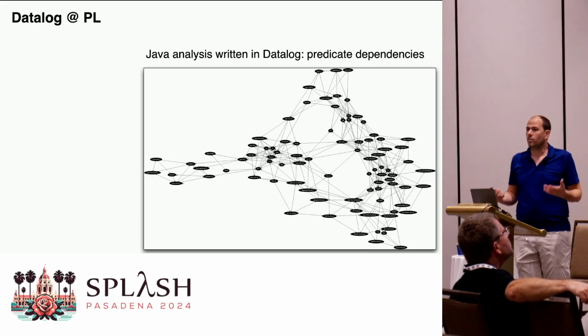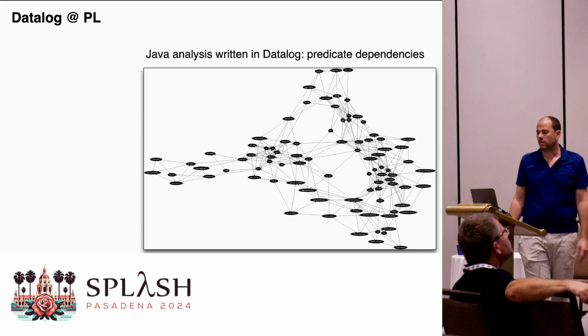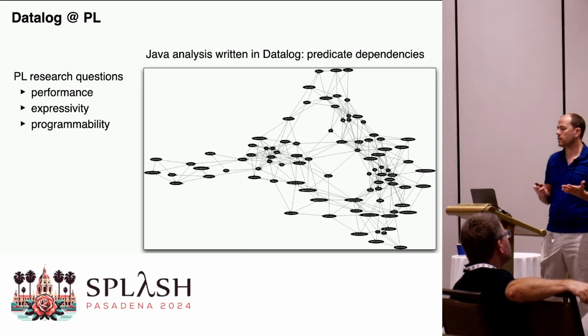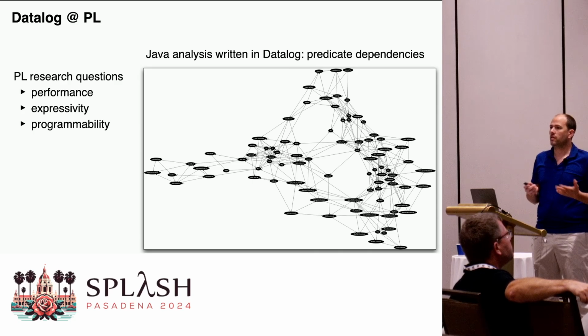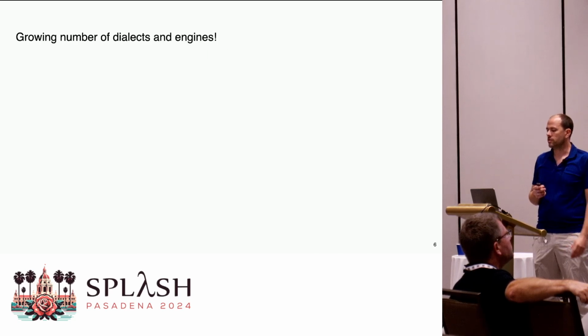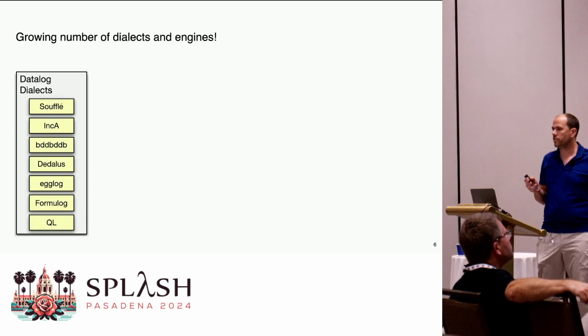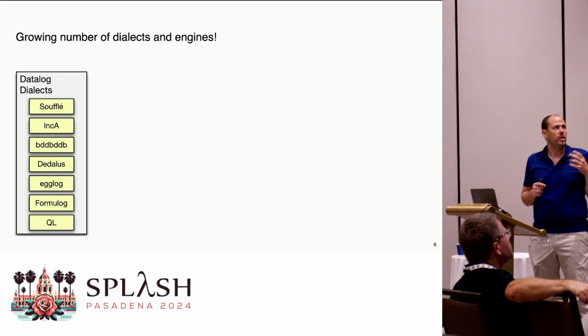Okay, so what are the PL research questions about Datalog? Well, from what I can see, it's mostly these three: performance, expressiveness, and programmability. And because we care about these aspects of Datalog, a growing number of Datalog dialects have been proposed in the literature. So here's some of them. You may have heard of Soufflé. It's one of the most well-known ones in PL.